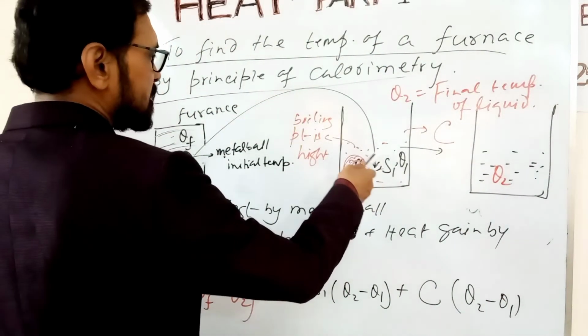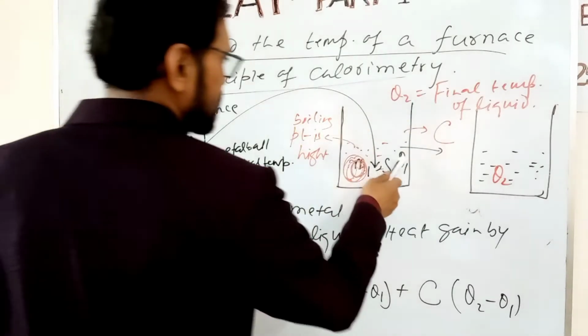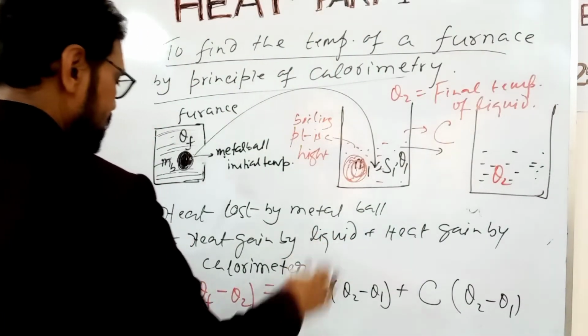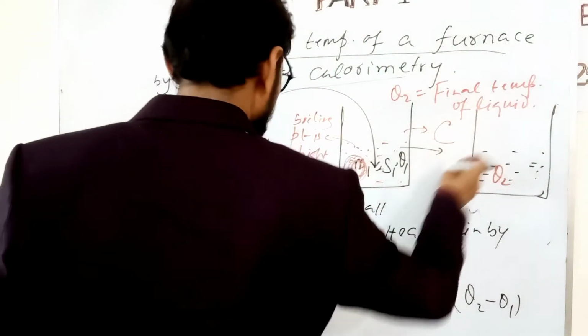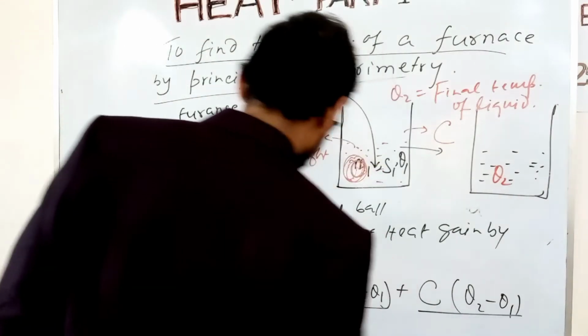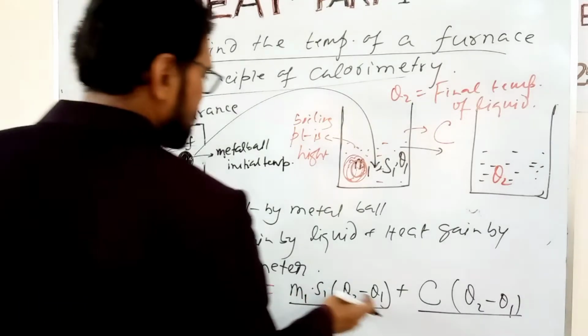Theta 1 is the initial temperature of both the liquid and the calorimeter, and theta 2 is the final temperature of the calorimeter. So we can write this plus this. All these are known.